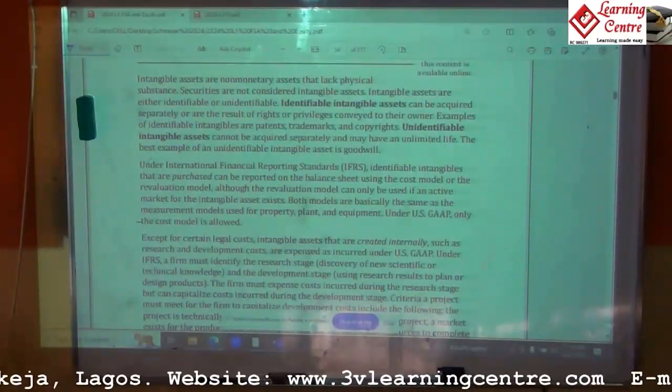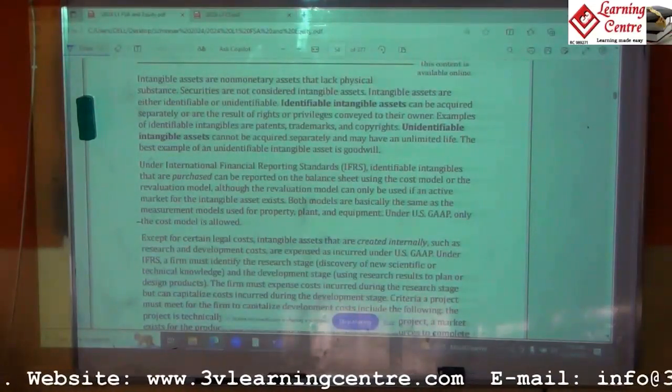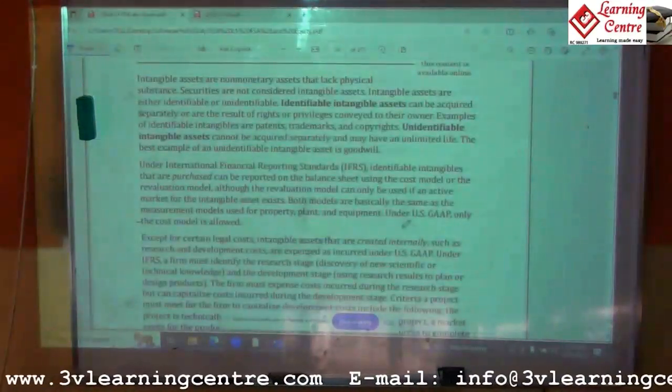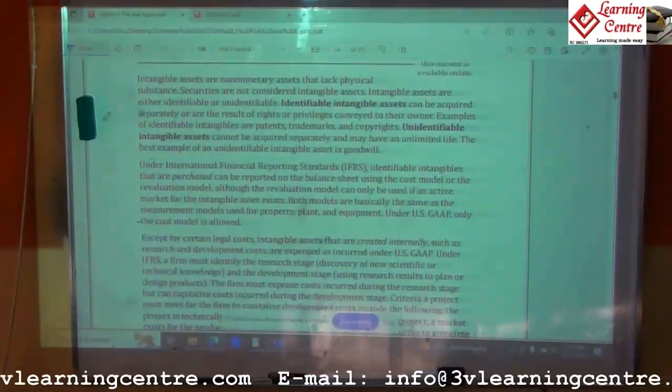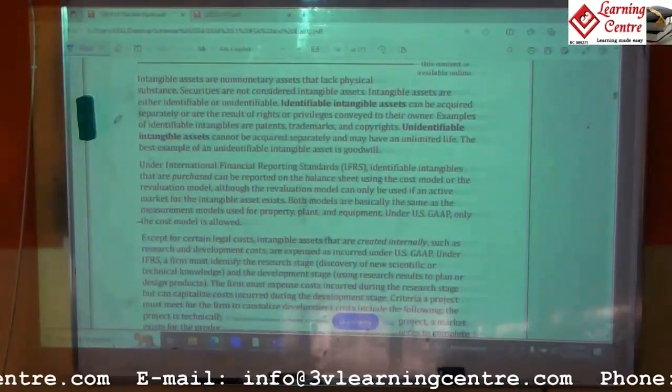So IFRS and US GAAP agree that once you see these costs, you expense them immediately. What are these costs? I don't know if you can see my screen anymore. Sure, I do.